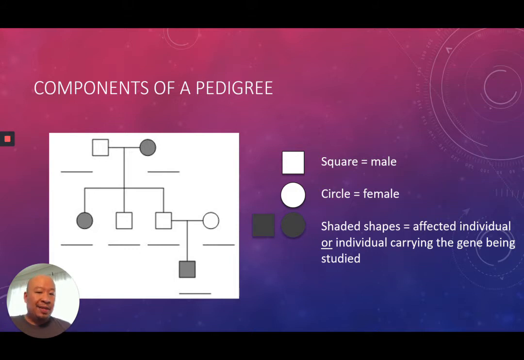The ones that are not shaded simply do not have brown eye color. So they literally could be representative of any type of trait that we want. If it's a disorder, then those three individuals on the pedigree that are shaded in would have the genes for a particular disorder. And the ones that do not, they don't have the disorder. So it is as simple as that to begin with.